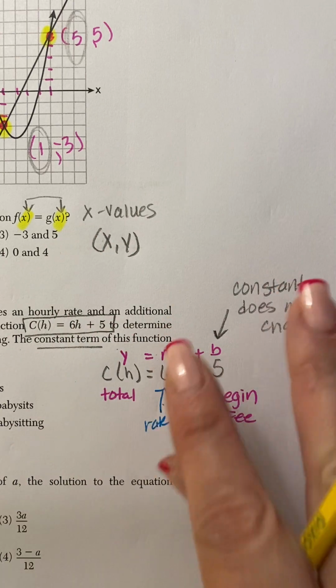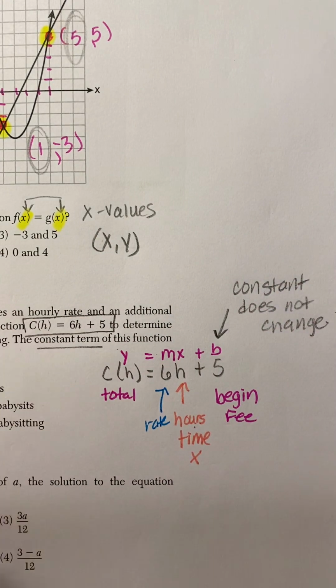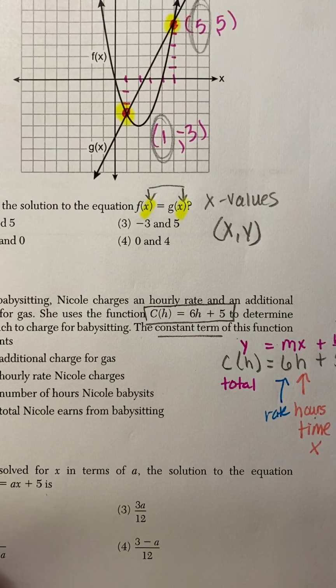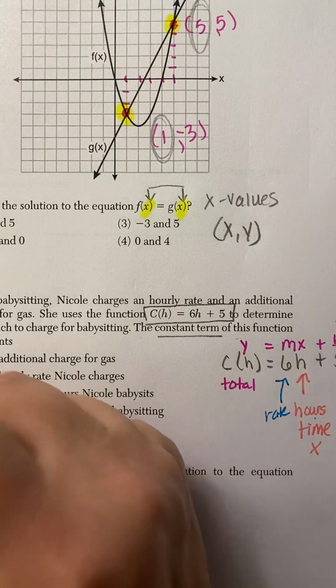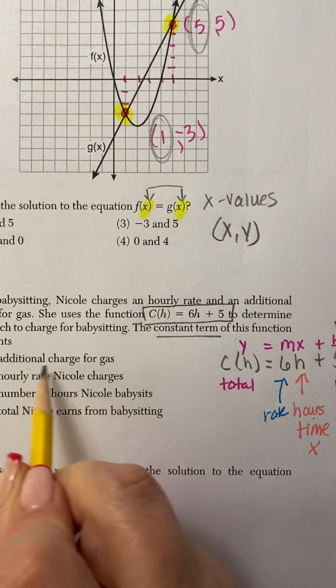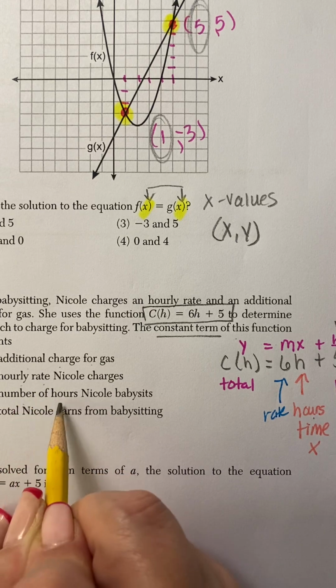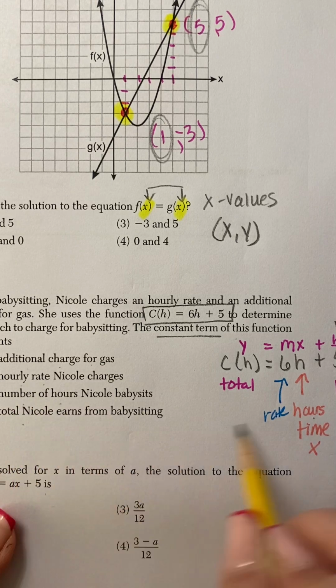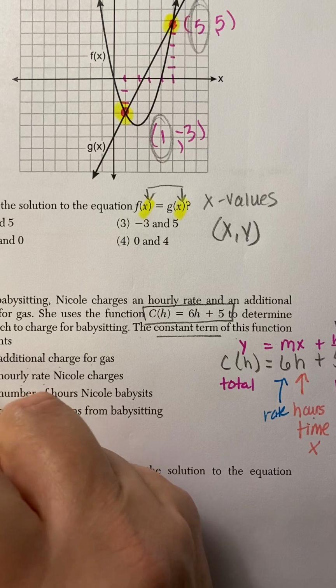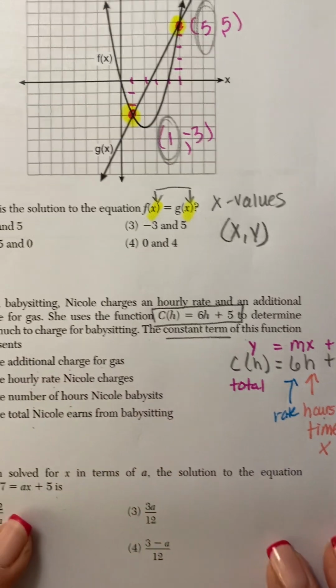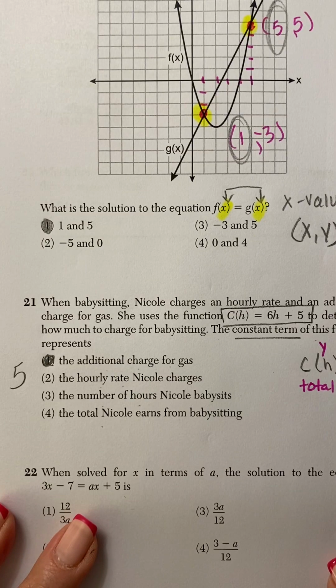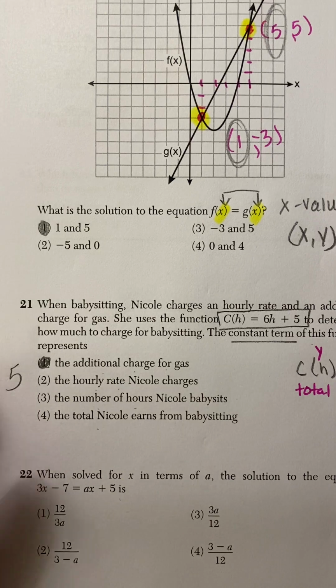Good stuff right there. Write that down. All right, so what's the constant? We know the constant is 5. The additional charge for gas, the hourly rate, the number of hours, the total. Based on this, the only answer that could possibly work is the additional charge for gas. Okay, number 22.